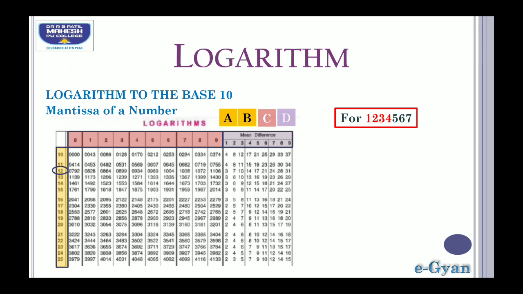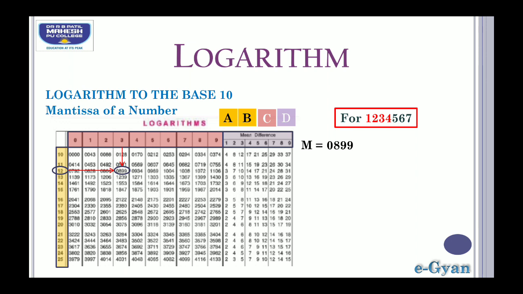The third digit, that is C, is equal to 3, so we go with the number in the column of 3. So A, B and C together give us the number 0899. So therefore the mantissa is equal to 0899. But the work is not yet complete.